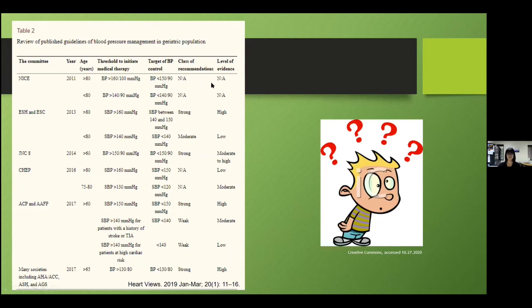So based on these studies and other groups coming up with consensus criteria, those recommendations are really all over the board. When you start treatment, some studies say greater than 140/90, others greater than 160/100, which sounds pretty high to me.